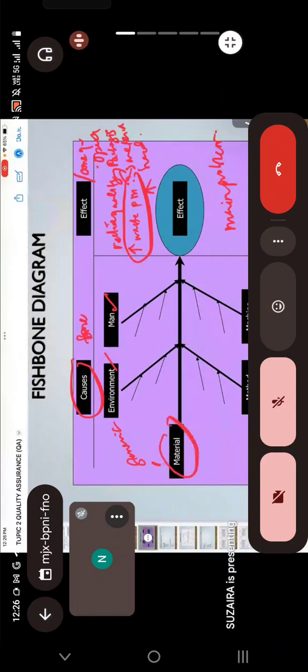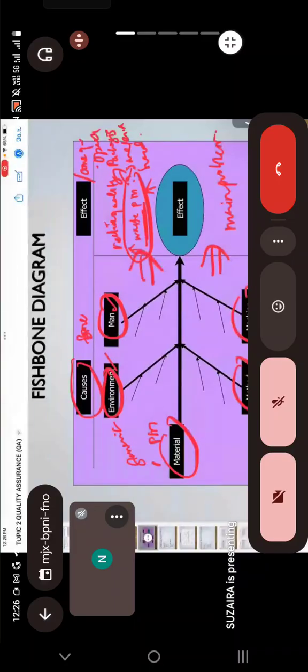And then you have material. For example, just now we have packaging material. If you want to talk about how to reduce the waste of the packaging material, there is method, because of the machine, and then maintenance of the machine. All right, these things are considered as the main causes that contribute to this problem.